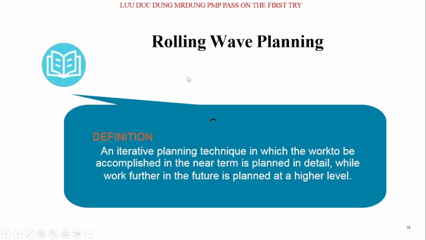Rolling wave planning, with the definition: an iterative planning technique in which the work to be accomplished in the near term is planned in detail, while work further in the future is planned at a higher level. Rolling wave plan, simple concept.